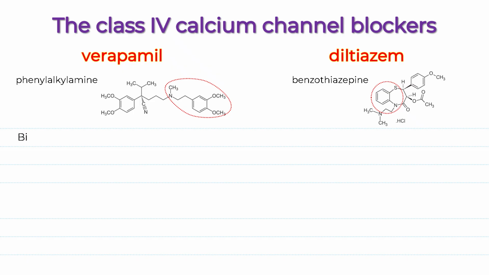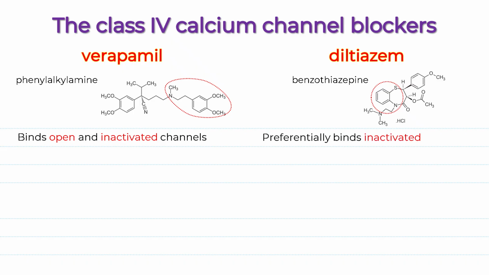Verapamil binds most strongly when the channel is open or inactivated, whereas diltiazem has a higher affinity for the inactivated state and a lower affinity for open channels. Their binding kinetics also differ. Verapamil associates and dissociates more slowly, binding tightly and remaining attached for longer, while diltiazem binds and releases more rapidly.